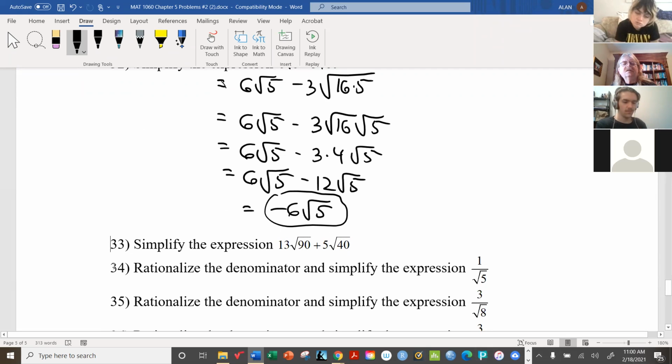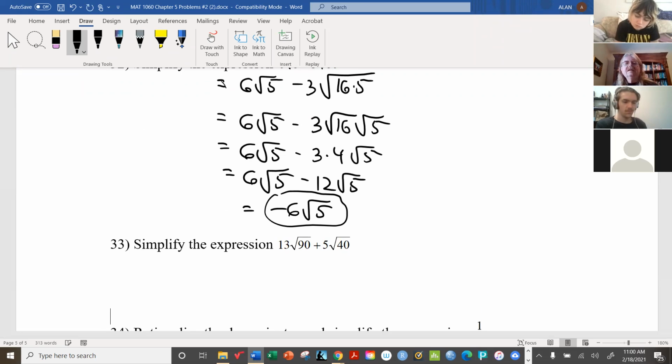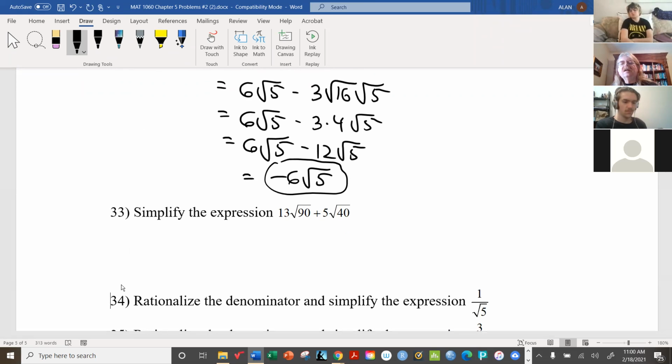Nice. How about this one? Ooh, I know. It looks pretty obvious that these both have a common factor of 10.